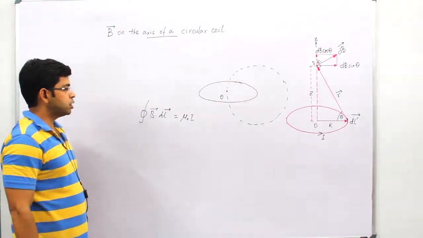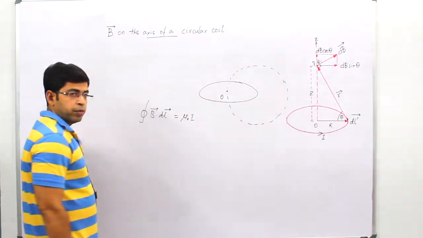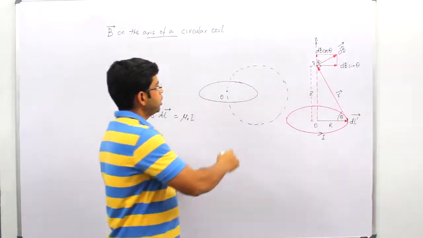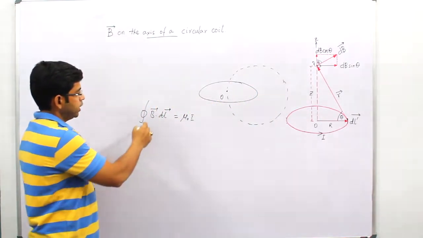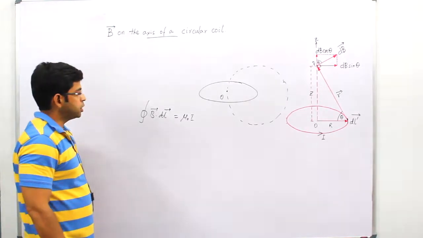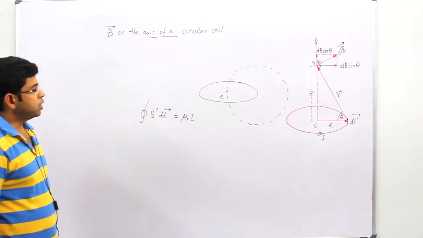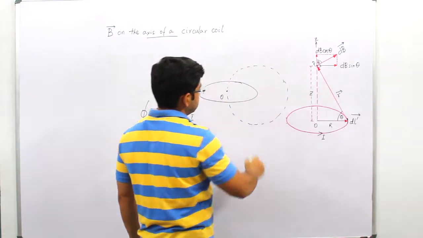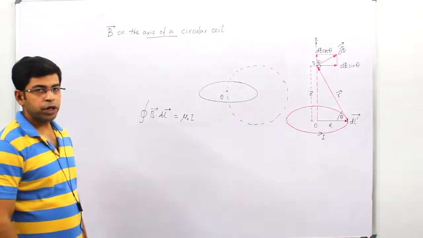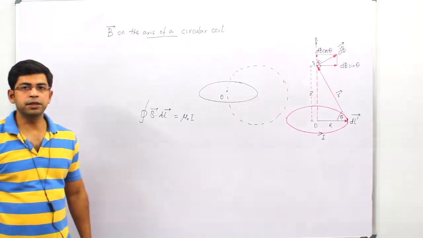But this Amperian loop is useful only in cases where the magnetic field B is constant at each point of the Amperian loop, so that we can take the magnetic field outside the integration and perform the integration over dl simply. But here you see, the magnetic field B is not constant at any point on the Amperian loop, so Ampere's law cannot be applied in this case.